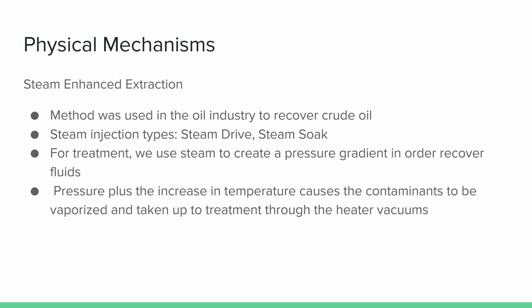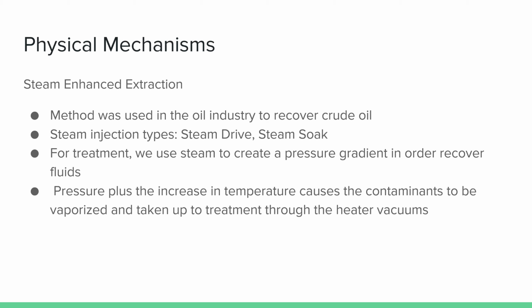But the main difference between the petroleum industry and the environmental industry is that the petroleum industry has larger depths to go down towards, and the environmental does not go down as far. They're more shallow depths. Therefore, we use the steam in a slightly different way than the petroleum industry does.